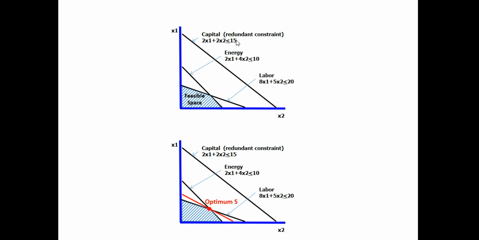So a constraint that has no role in defining our feasible space is called a redundant constraint. In every optimization problem, we need to choose our variable values from this feasible space.